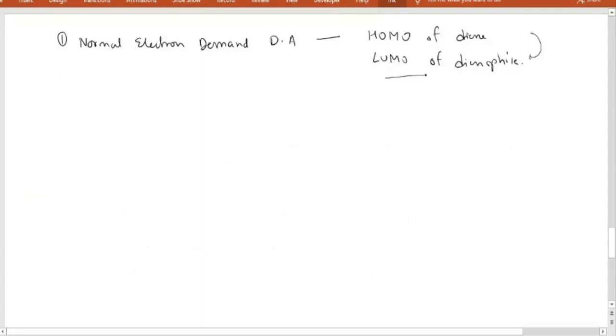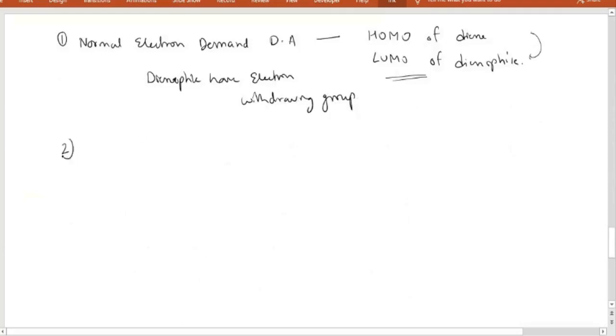This will get a kind of normal electron Diels-Alder reaction. For example, here generally in this case dienophile has electron withdrawing group in it. This I will show you now.